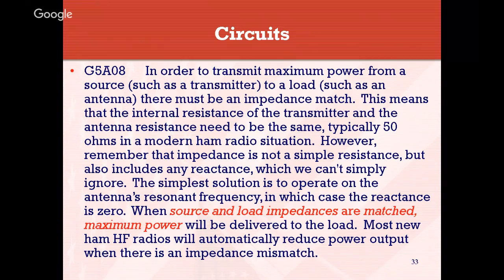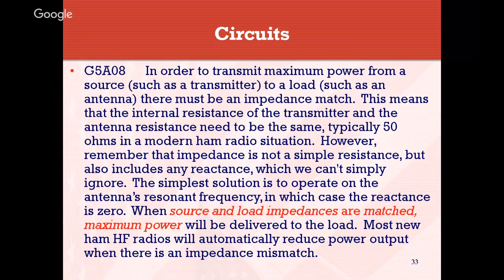In order to transmit maximum power from a source, such as a transmitter, to a load, such as an antenna, your antenna being the load, there must be an impedance match. This means that the internal resistance of the transmitter and the antenna resistance need to be the same, typically 50 ohms, as I was just explaining to you. That applies more to the modern ham radio that you have out there these days.